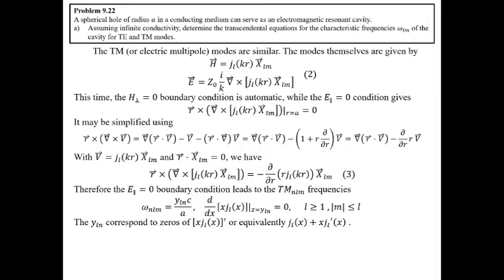The TM modes are similar. The modes themselves are given by equation 2. This time, the H perpendicular equals 0 boundary condition is automatic, while the E parallel equals 0 condition gives below. It may be simplified using this relation.